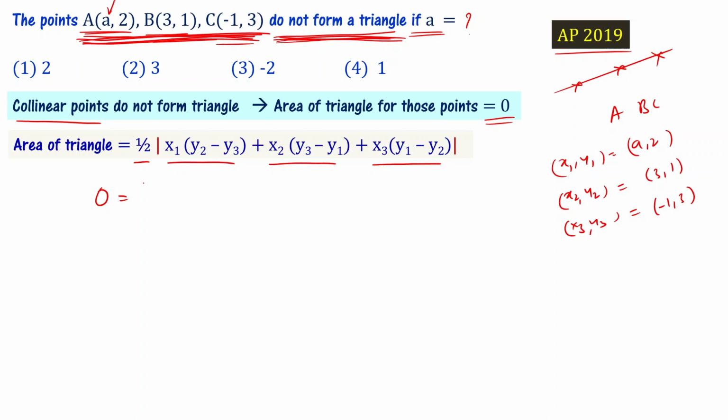Okay, then we can write this as half times modulus of x1 that is a times y2 minus y3 that is 1 minus 3 plus x2 that is 3 times y3 minus y1 that is 3 minus 2 plus x3 that is minus 1 times y1 that is 2 minus y2, right?